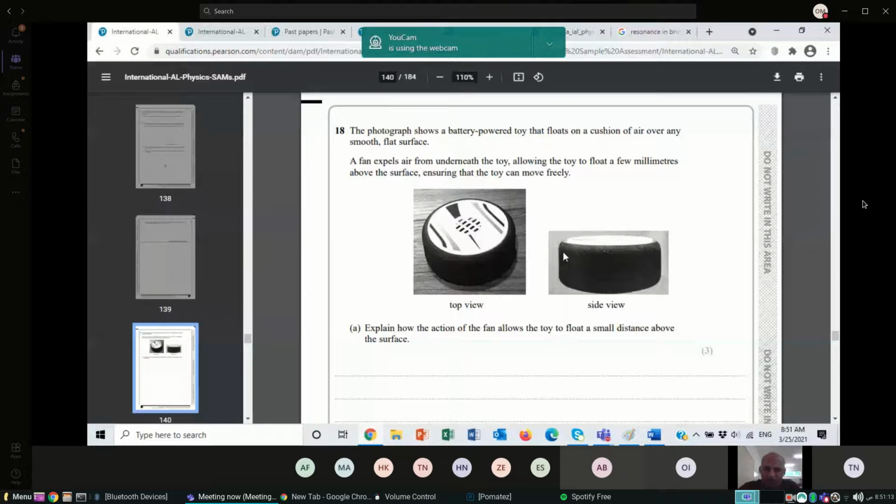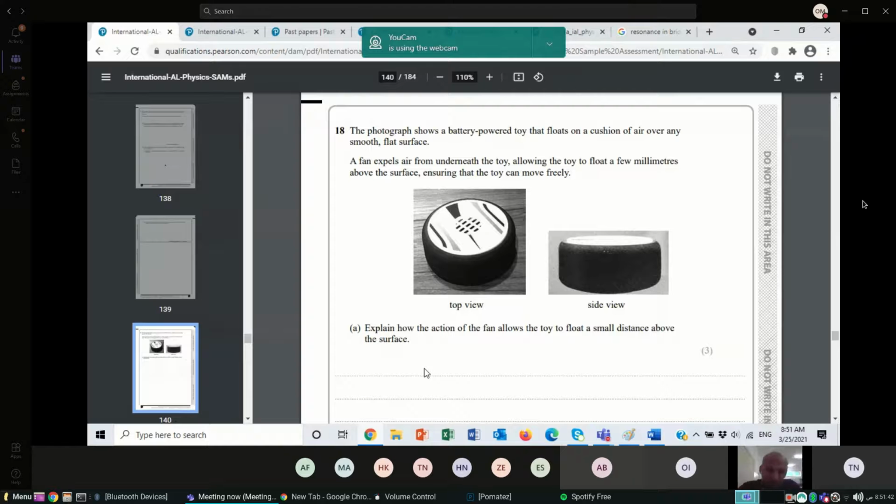Explain how the action of the fan allows the toy to float a small distance above the surface. So you have to use Newton's third law, obviously here. Because the air is pushing the surface down. Sorry, the fan is producing a force downwards on the air.